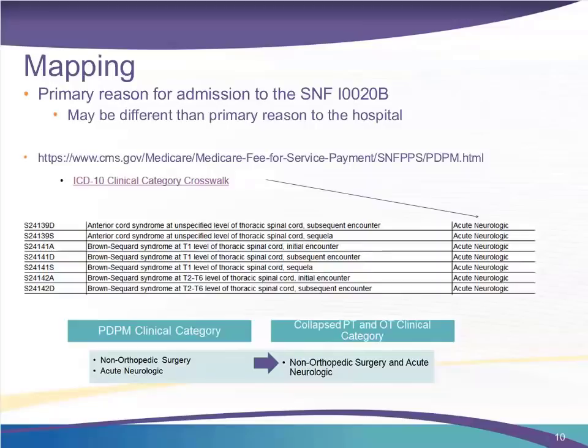If the patient came to us with that code, it goes to acute neurologic, which then is crosswalked from a PT and OT perspective to non-orthopedic surgery and acute neurologic. So you can see where for PT and OT specifically, you've got a code that goes to a PDPM category. It further goes to a PT and OT category.